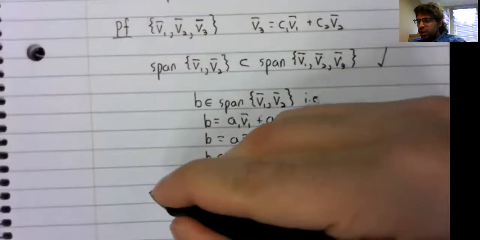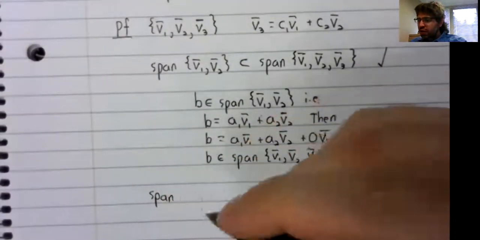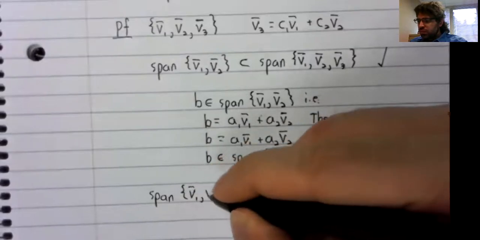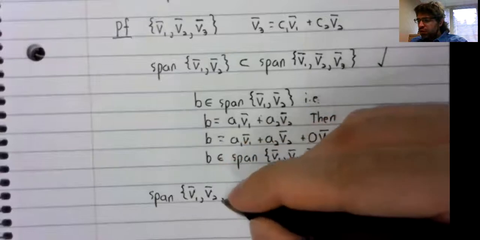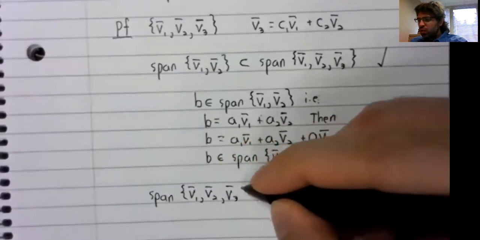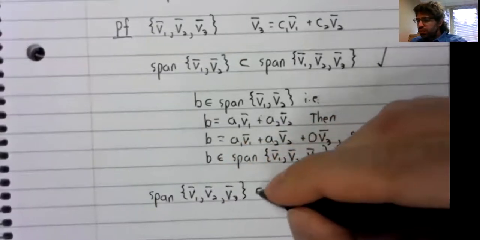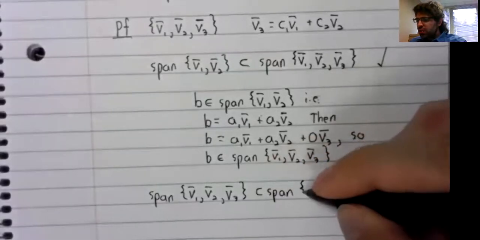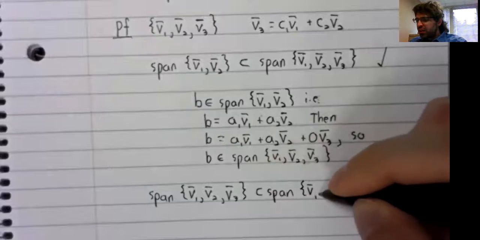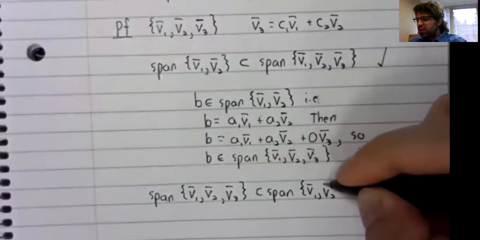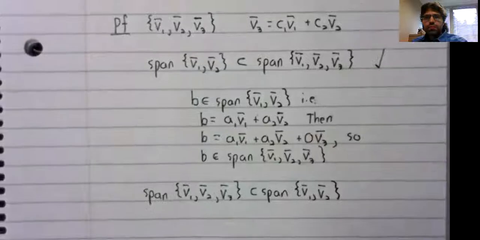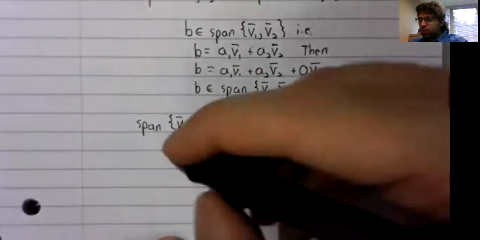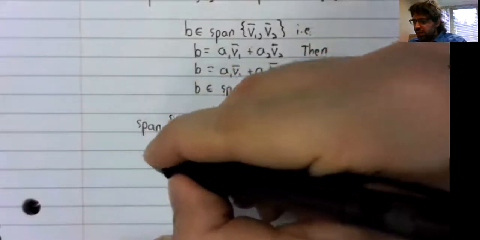The inclusion in the other direction requires slightly more work, but it's not massively more difficult. We want to show the inclusion in the other way.